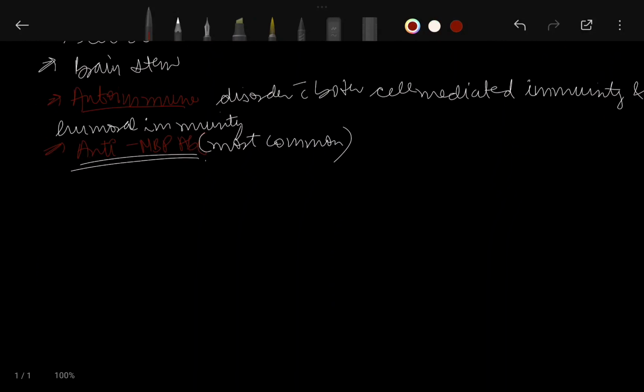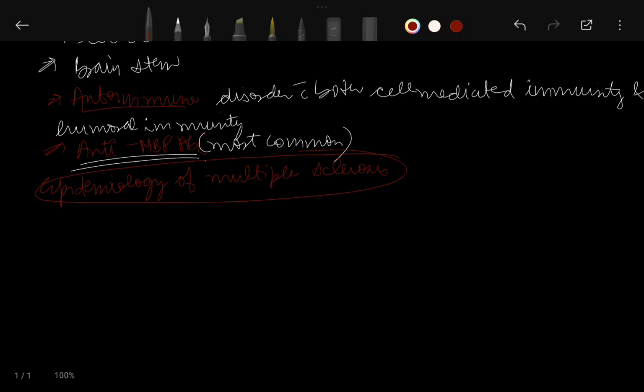Now, what is the epidemiology of multiple sclerosis? The age group affected is 20 to 40 years. The gender affected is females more than males, with a ratio of 3:1.